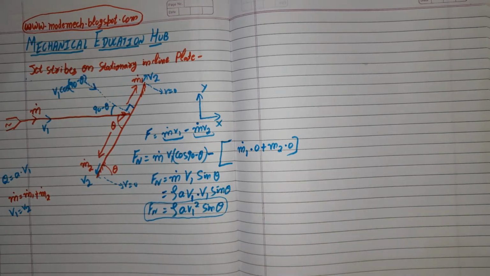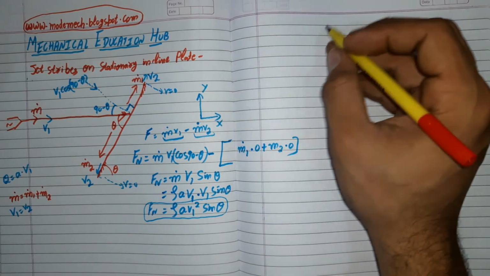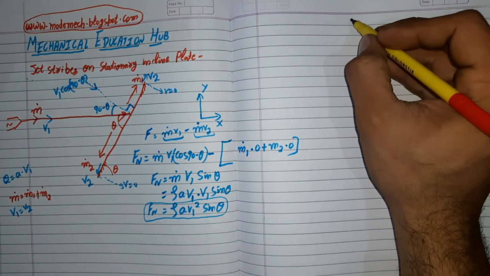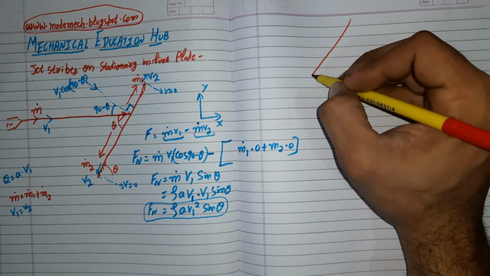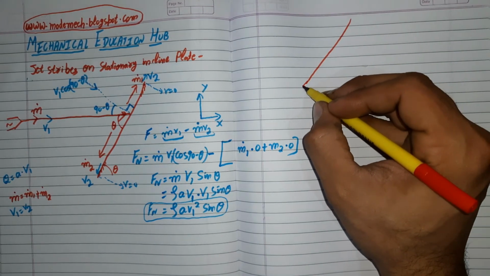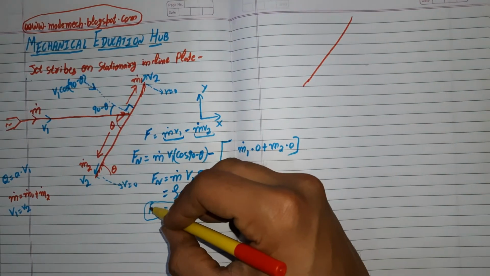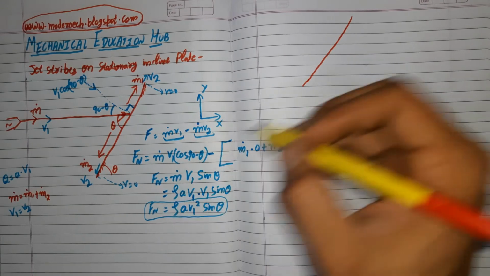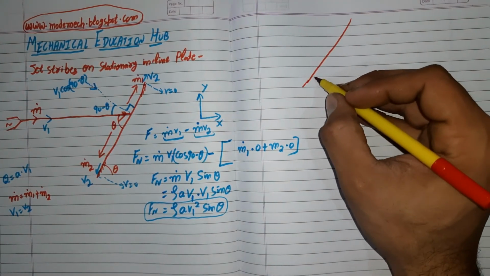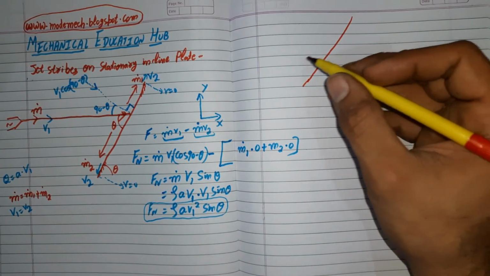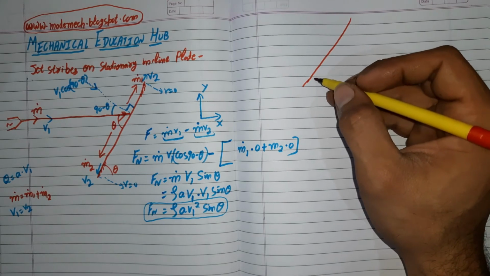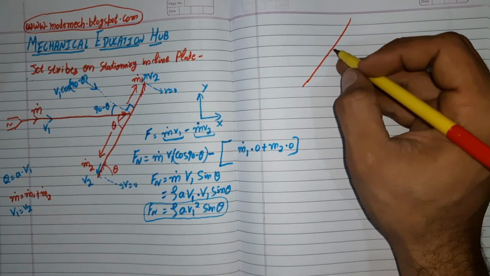Now if we calculate force in the x direction, then we need to split this component of force into its x and y, or we can say horizontal and vertical axes.